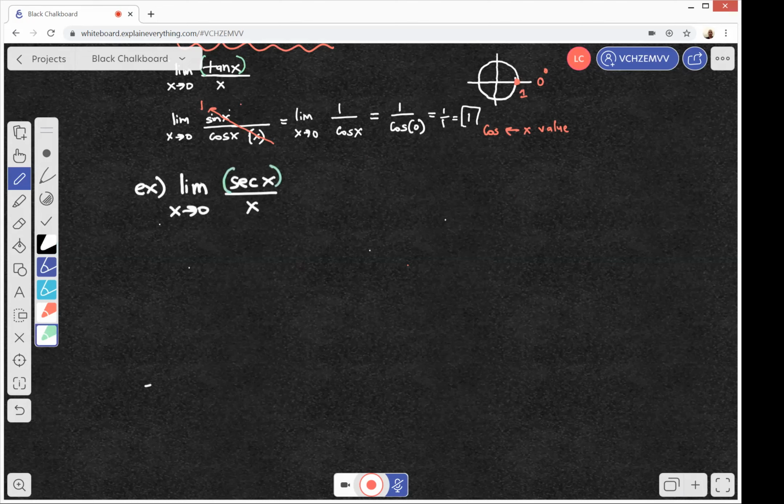That's the identity for secant. So secant is the same as 1 over cosine. All right, so let's rewrite this. We have the limit as x approaches 0 of 1 over cosine x, times, underneath you have a times x.